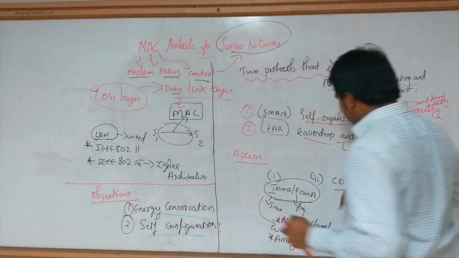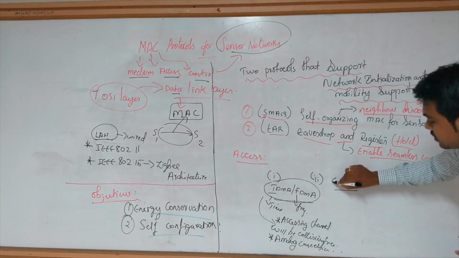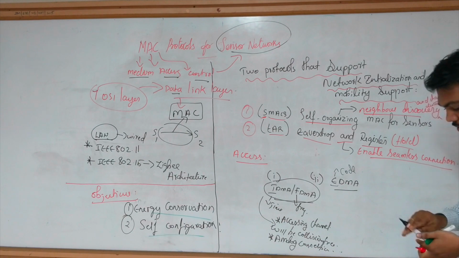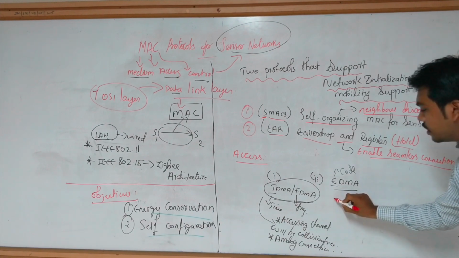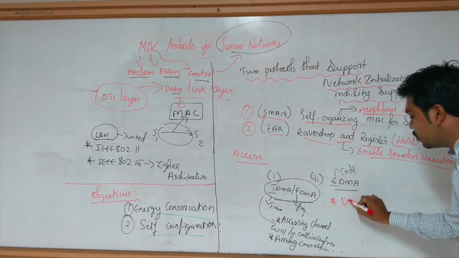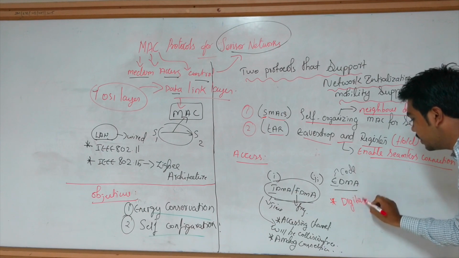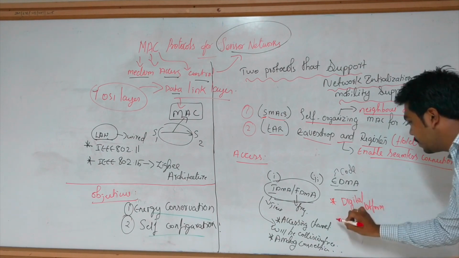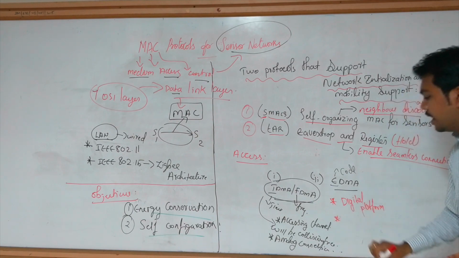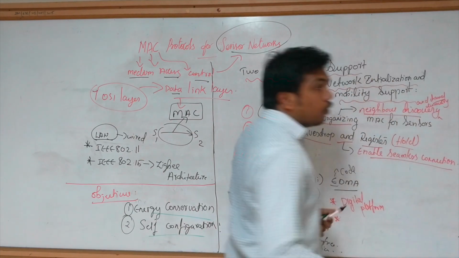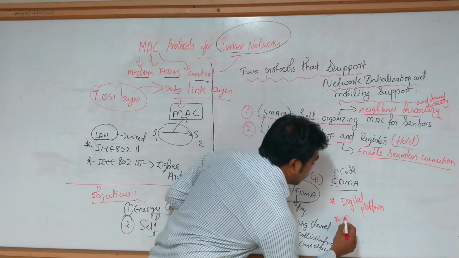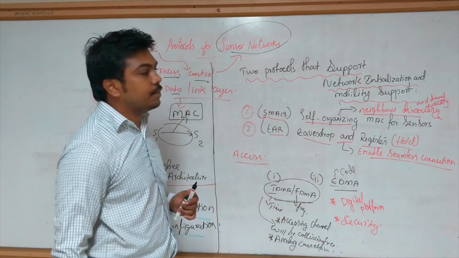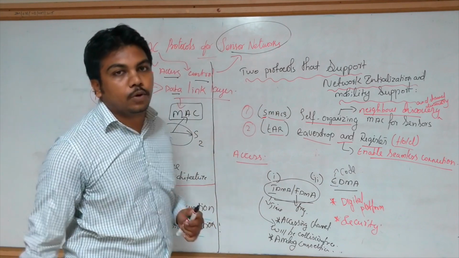When you take CDMA, this is nothing but code division multiple access. Here this will be mostly used with digital platforms, as well as when you focus on security, you can use this CDMA with your MAC protocol. Okay.